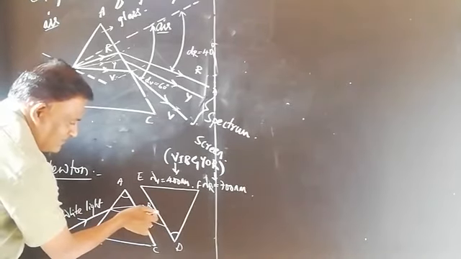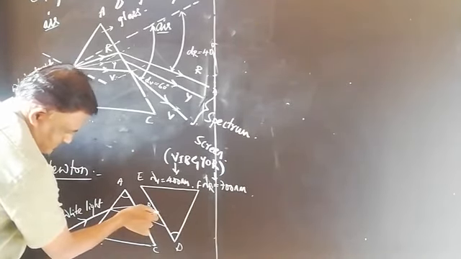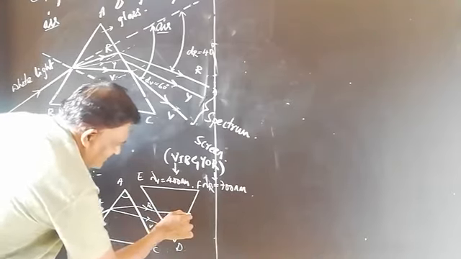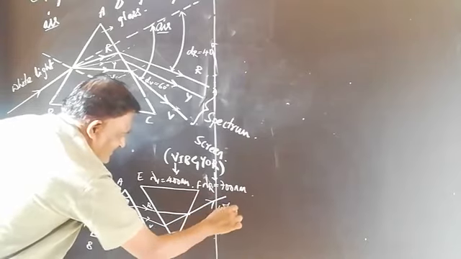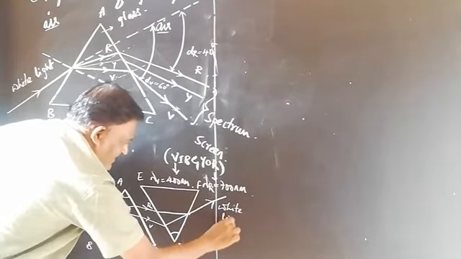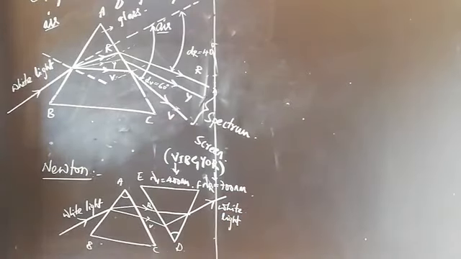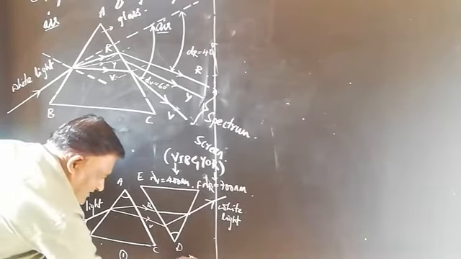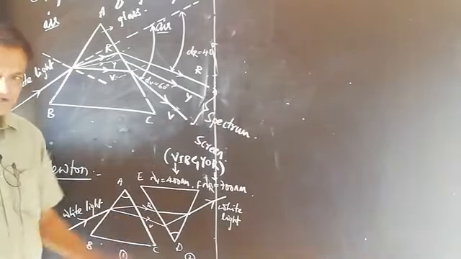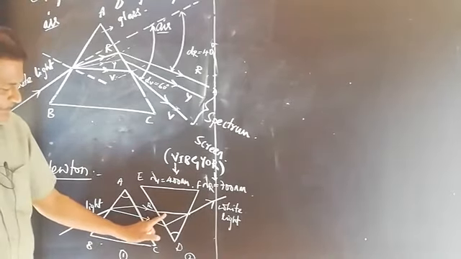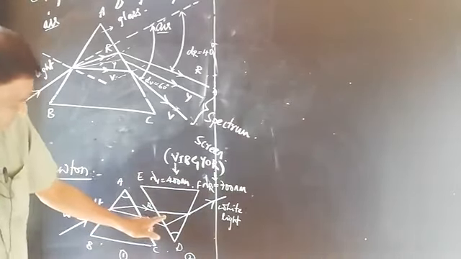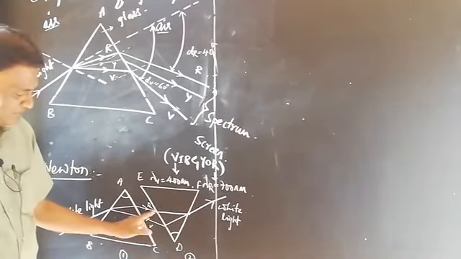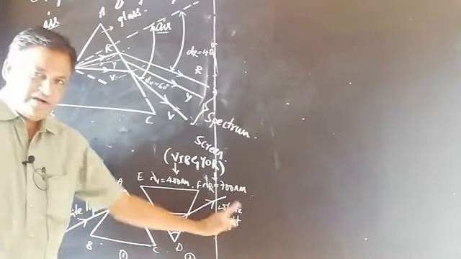Thereby the other prism combines all these colors, resulting in white light. So the first prism decomposes the white light into 7 constituent colors, and the second prism recomposes all the split 7 colors, producing white light.